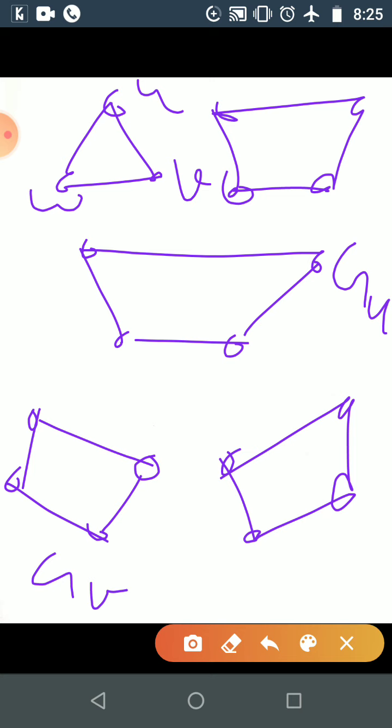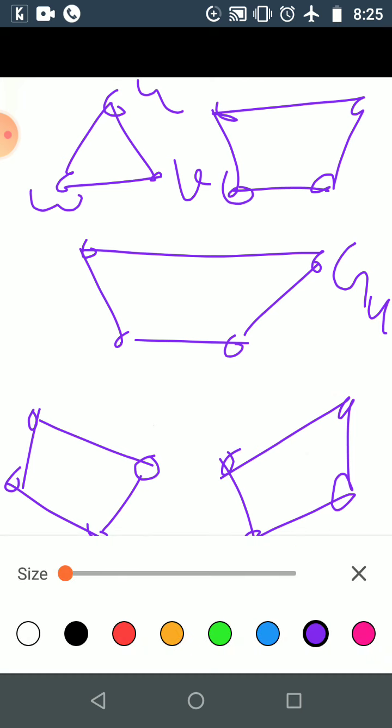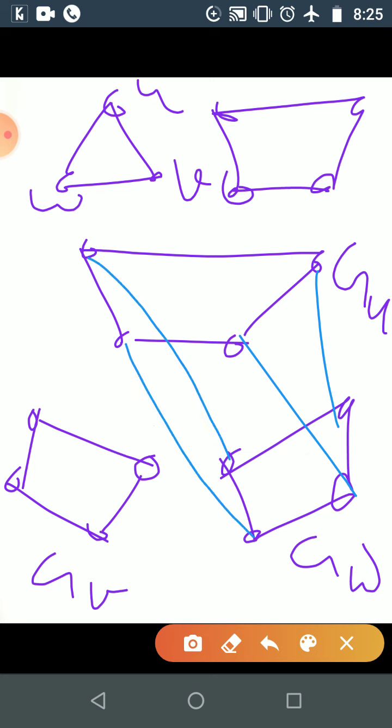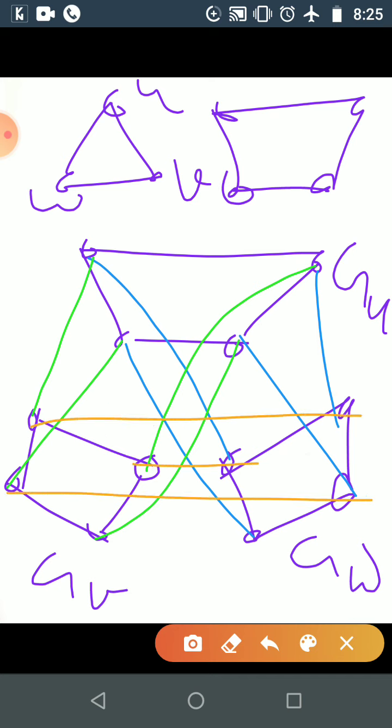correct, from U to W, W to V, V to U, correct, and adjacency I'm representing by this color, so GU, GV, so these will be adjacent, this is adjacent and this is adjacent, and here the corresponding vertices are adjacent, this one, this one, this one, this one, and here also corresponding vertices are adjacent, so this one, this one, this one, this one.